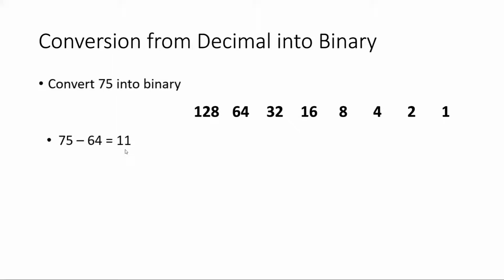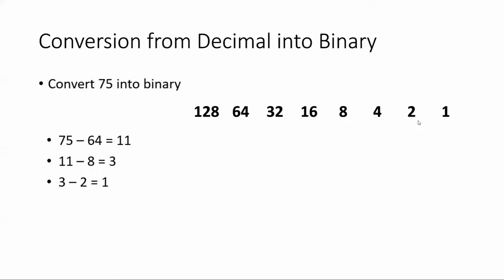Again, we follow this process. We find in our list the highest number which is under 11. So we have 8. That is just under 11. Again, we subtract it. 11 minus 8 is 3. So in our list, we again need to find the highest number that is under 3. We have 2 here.